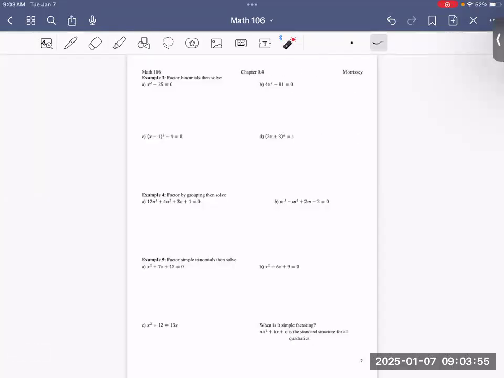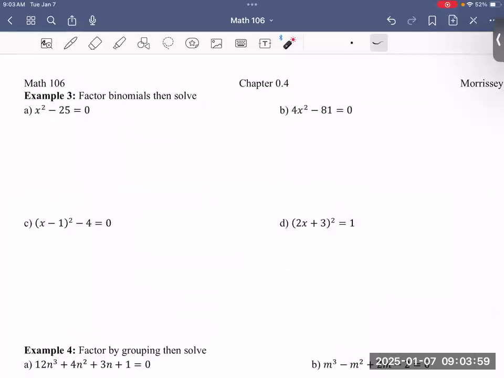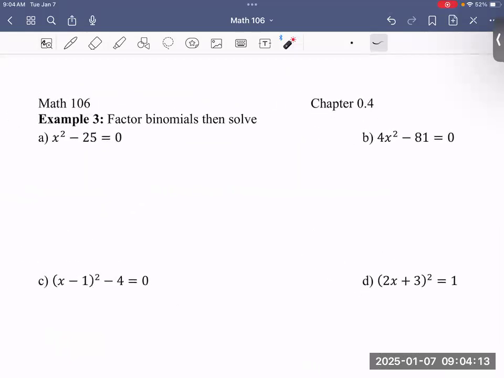So now we're going to get into a little bit more factoring detail. We're going to be factoring binomials and then solving. We can solve these through other means, which I will show you, but we're going to really focus in on the factoring. So anyone know what these first two are called, A and B? They have a special name. These are called difference of squares.